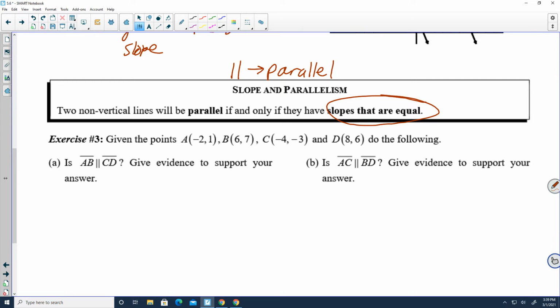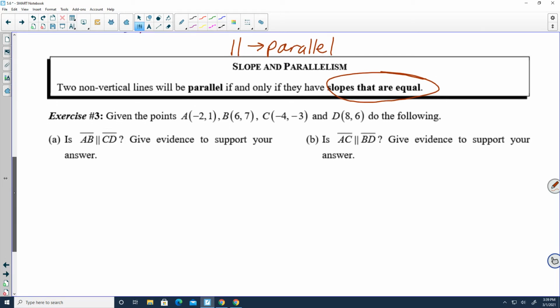So basically, if I plotted these points, A (-2, 1) and B (6, 7), you don't have to draw this down. You don't have to write this graph down.